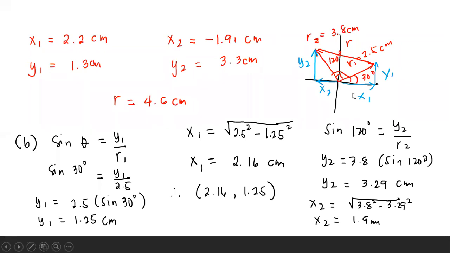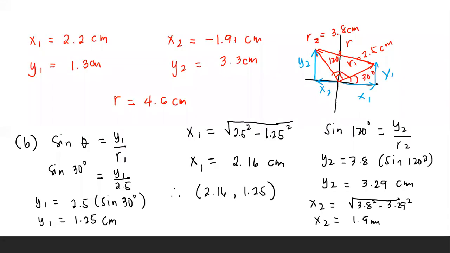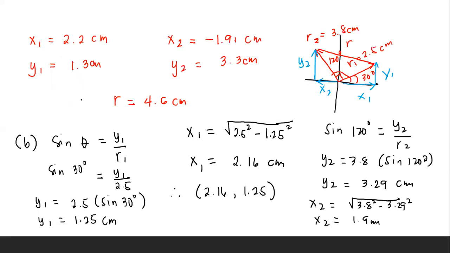Now, for the distance between them, we're going to use the formula for the Pythagorean. Since from the figure, the distance between them is your R. Remember that this one is 120 degrees, then 30 degrees. 120 minus 30 is 90 degrees. Therefore, this triangle is a right triangle. Okay, therefore, this one is your R, R1, R2, with 90 degrees. The value of your R1 is 2.5.